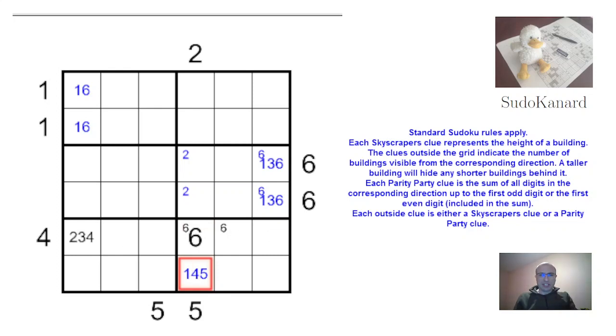So what I'm seeing here is that 6 here is not a valid option if we assume this to be a skyscraper clue. Of course, this is no easy bit of logic.